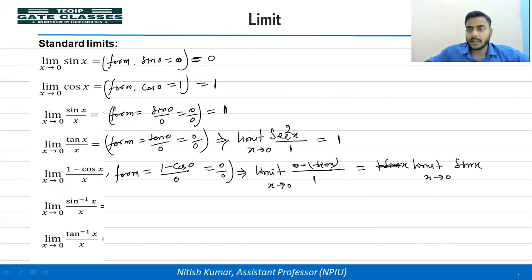Now it is converted to a determinate form. So sin x at x equals 0 is 0. So 1 minus cos x divided by x will become 0.